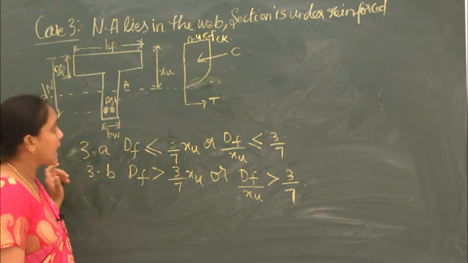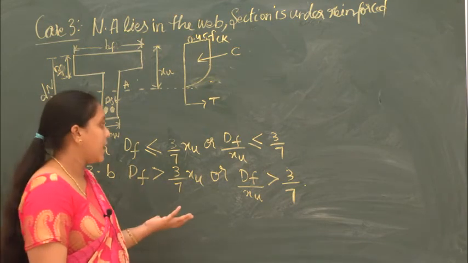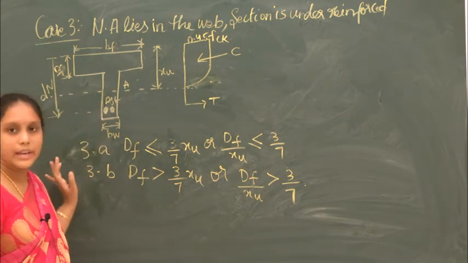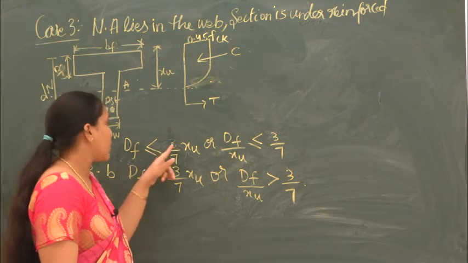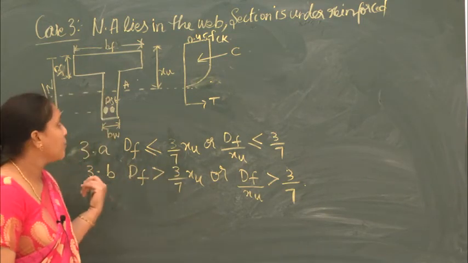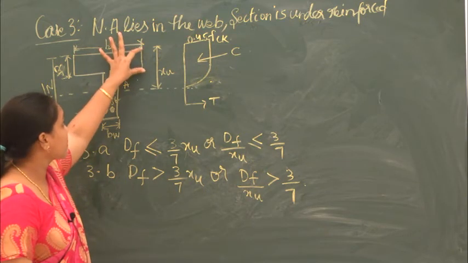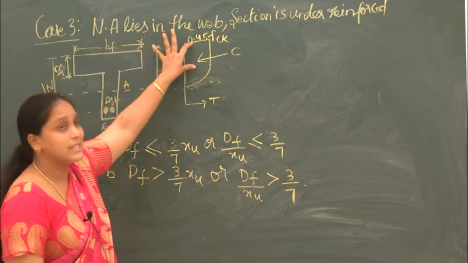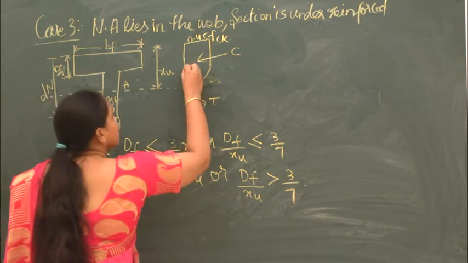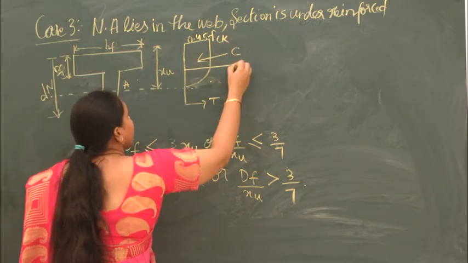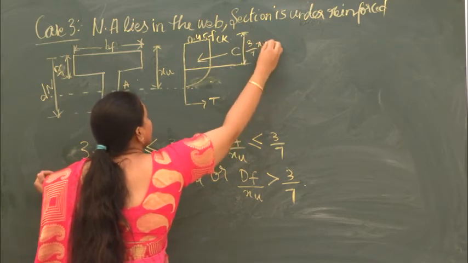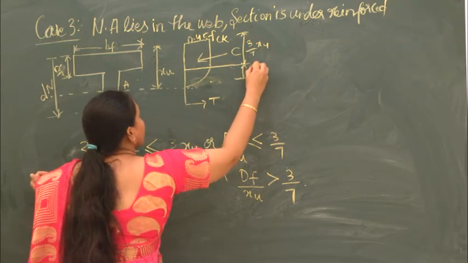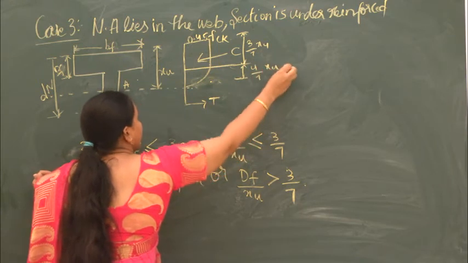In a similar way as I have done, I am going to consider the first case, that is if the depth of the flange is less than or equal to 3 by 7 xu. So if df is less than this, this distance is going to be 3 by 7 xu and this distance is going to be 4 by 7 xu.